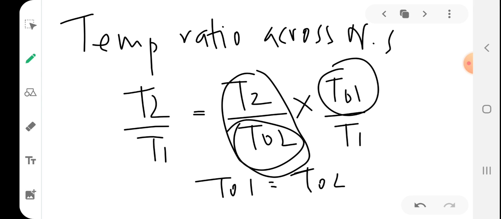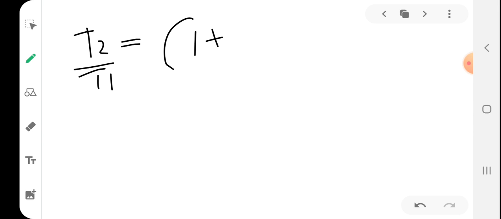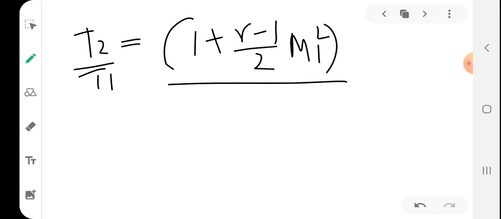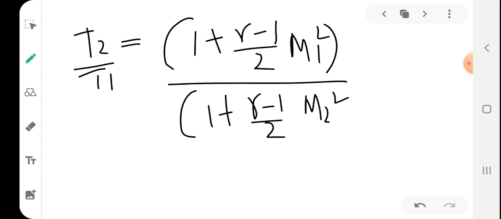T2 by T02 is nothing but the static to stagnation ratio, so that equation you know. T01 by T1 equation you know, T02 by T2 equation also you know. So I am just substituting it and you will get T2 by T1 is equal to 1 plus gamma minus 1 by 2 M1 square, and in the denominator 1 plus gamma minus 1 by 2 M2 square.